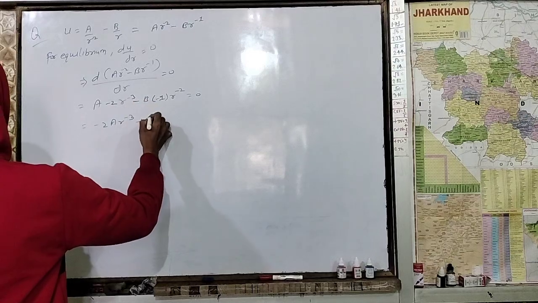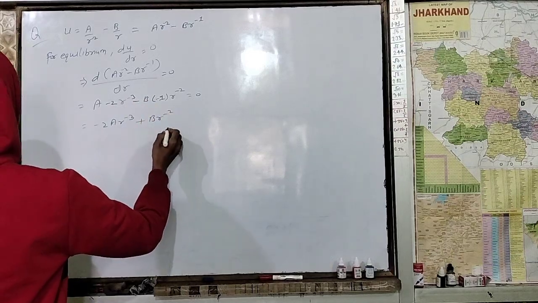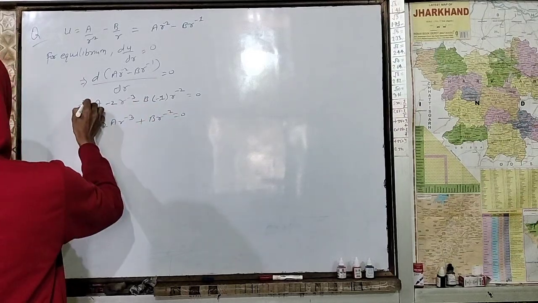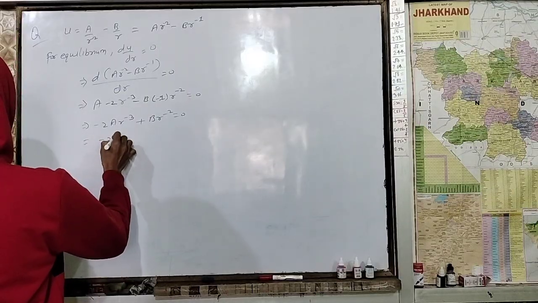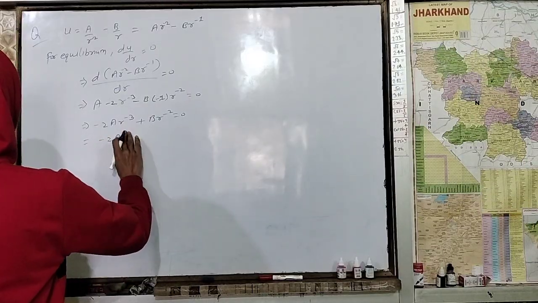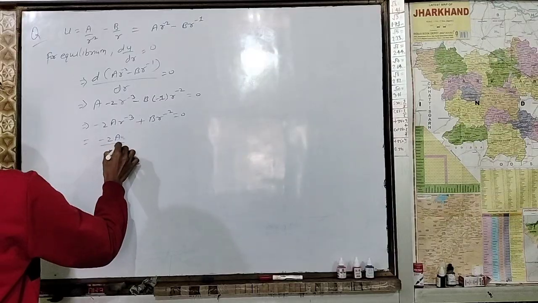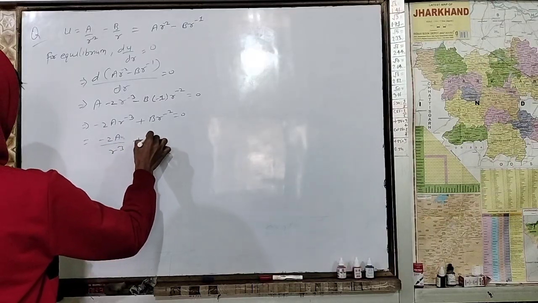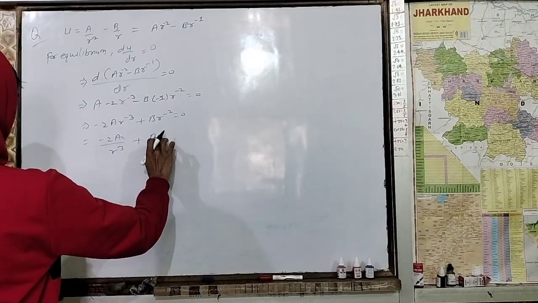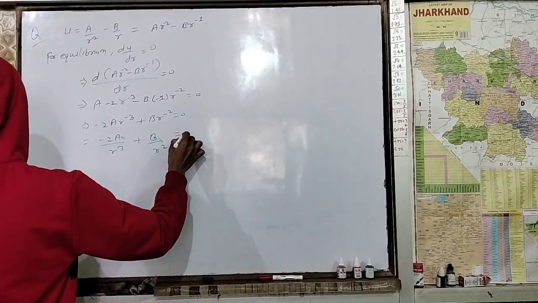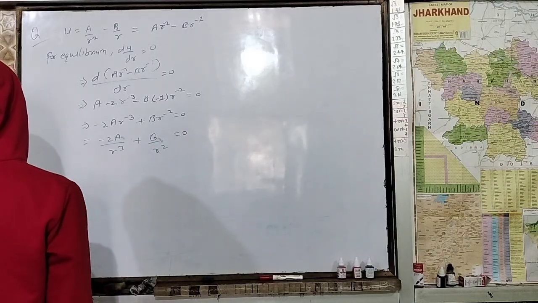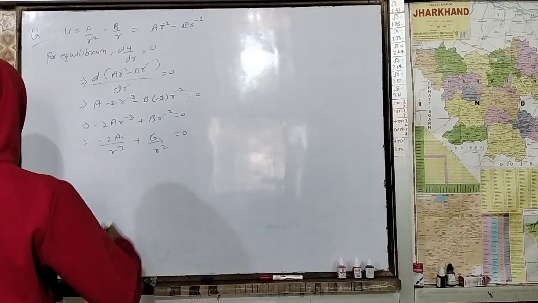This can be written as −2A/R³ + B/R² equal to 0.